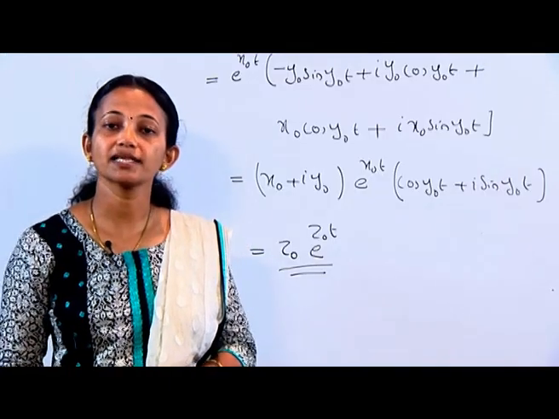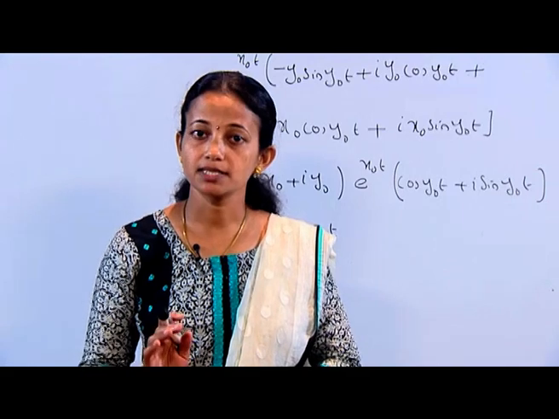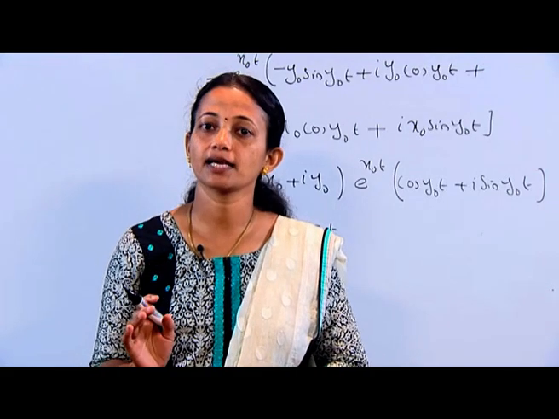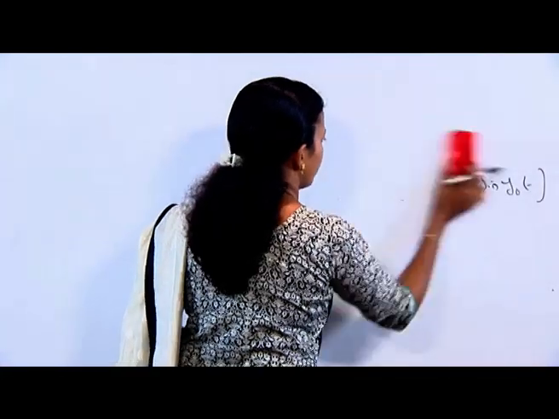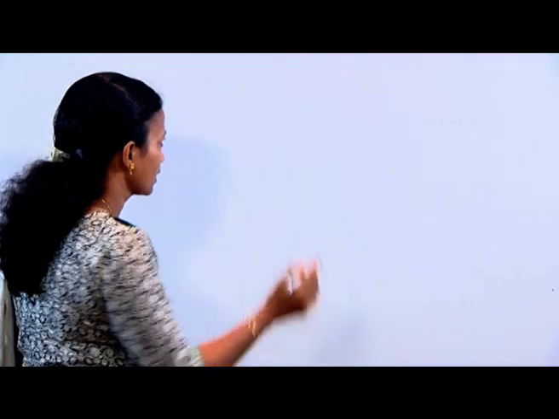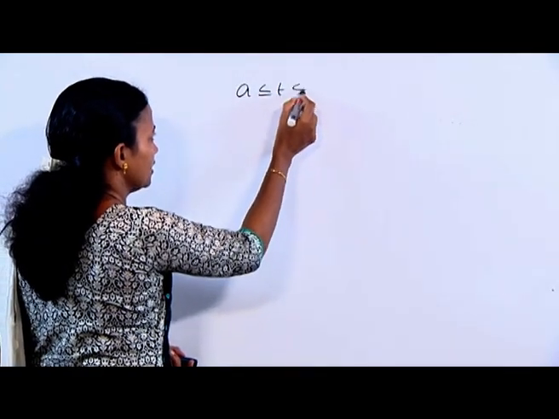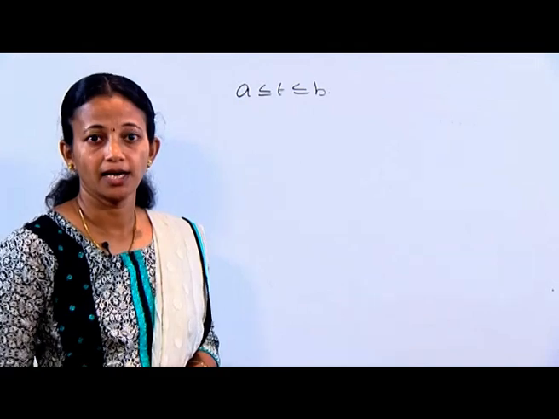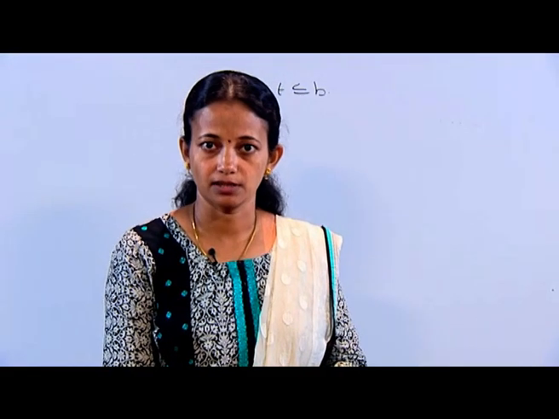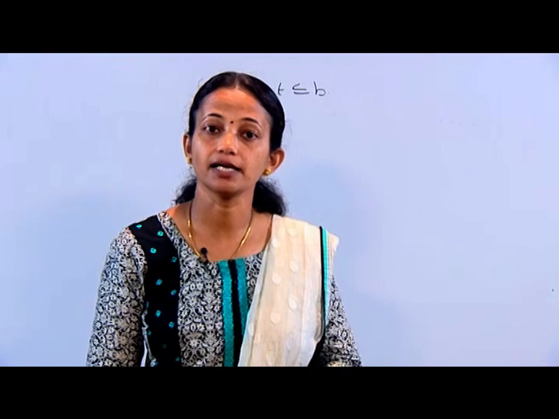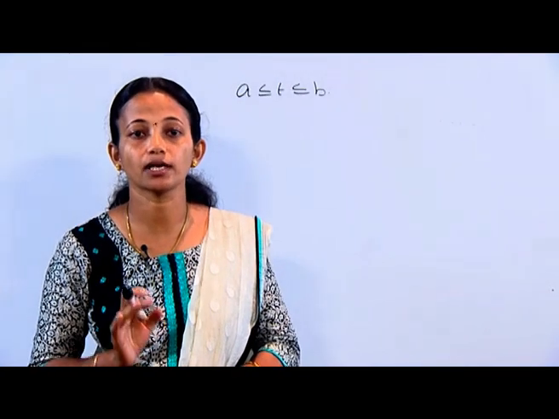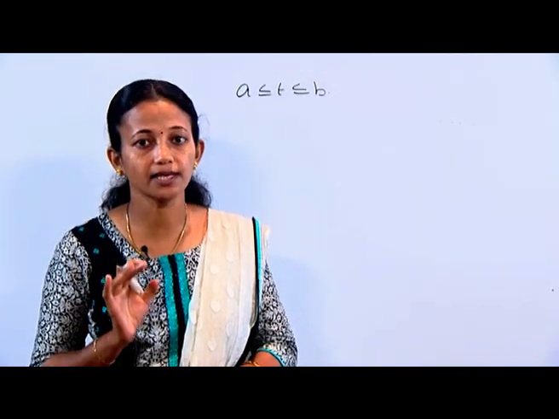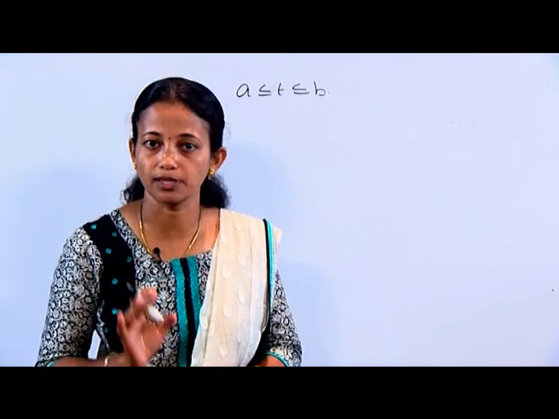Suppose that the complex valued function w(t) is continuous on an interval a less than or equal to t less than or equal to b, that is, its component functions u(t) and v(t) are continuous there. Even if w dash t exists when a less than t less than b, the mean value theorem for derivatives of functions of real numbers no longer applies to w of t.